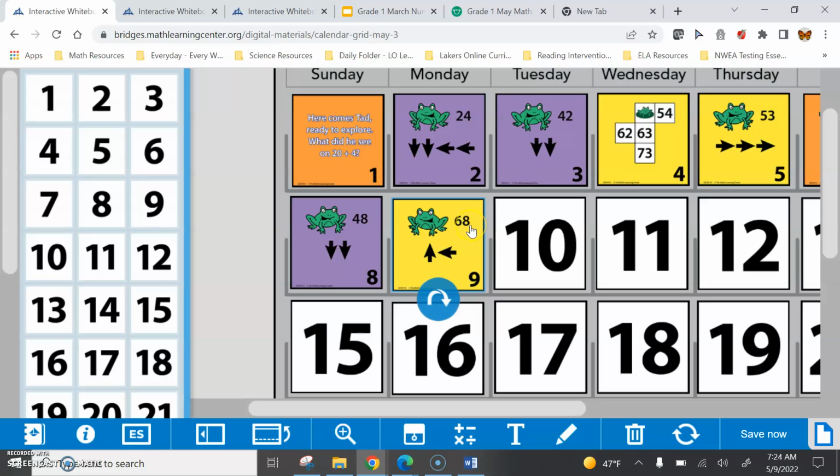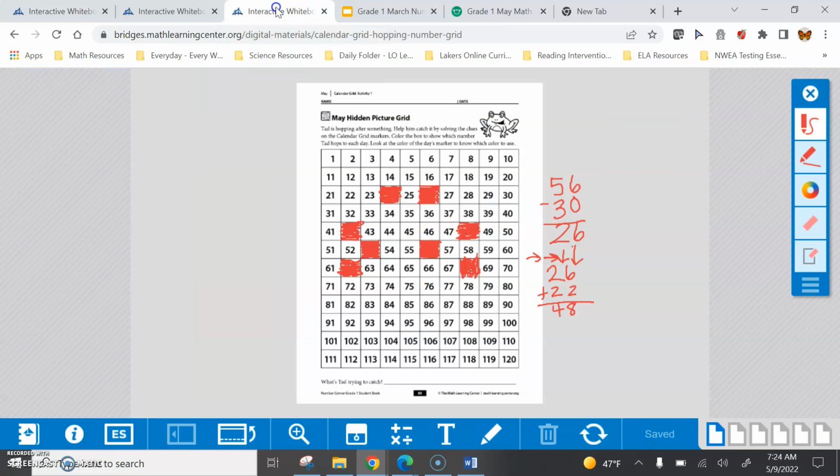He's on 68 and he goes up 1 and over 1. So let's look at that. So if Tad is on 68 and he goes up 1, and over to the left 1, he ends up on the number 57.